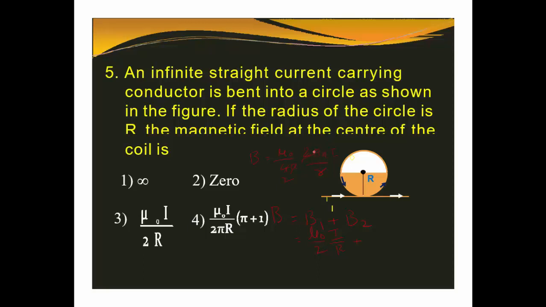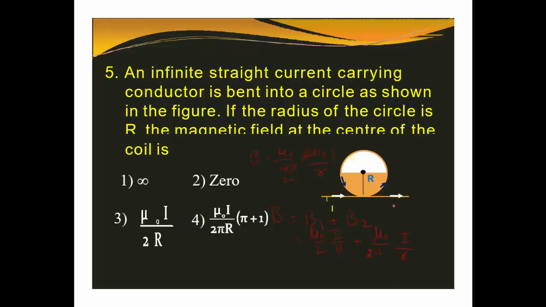So the total formula will be mu naught I by 2R. Then what is the value of B2? Again we know that it is mu naught by 2 pi I by R.